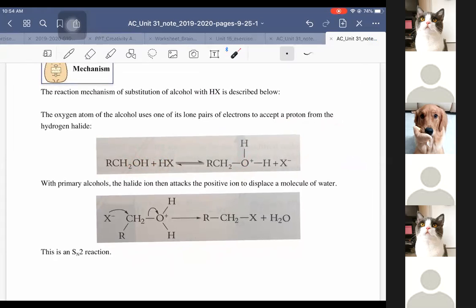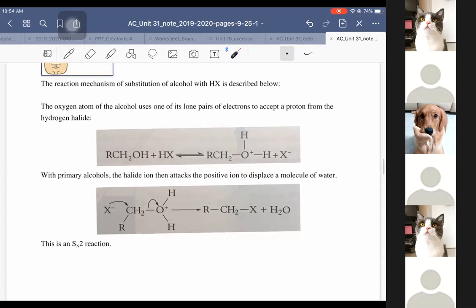Remember, when you form 3 bonds on the oxygen and it carries a positive charge, we call it an oxonium ion. Then the bond between hydrogen and the halogen breaks, and it forms, for example, Cl minus chloride ion or bromide ion.